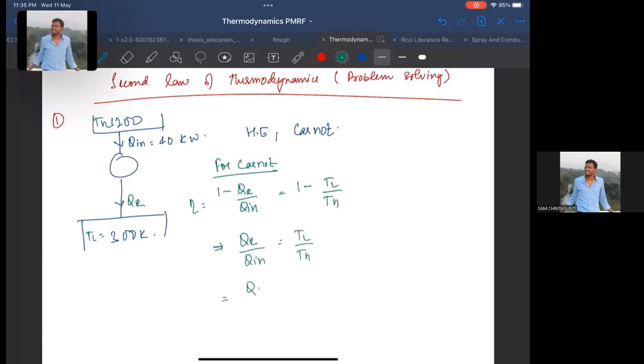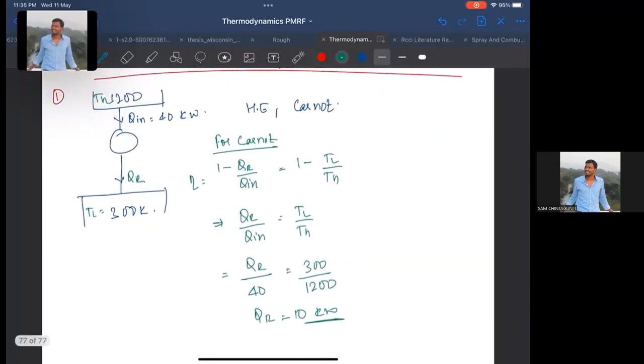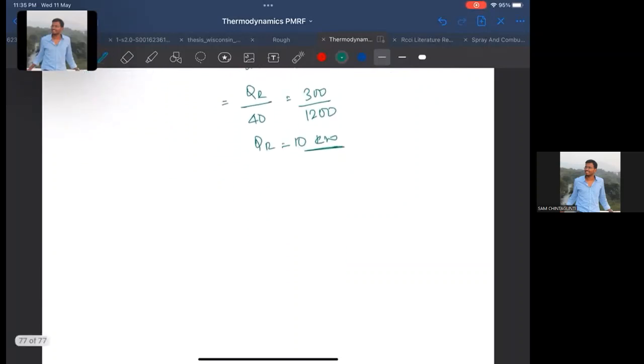So QR is what you want to find, by Qin is 40 is equal to TL is 300 by TH. So that gives QR is equal to 10 kilowatts. So this is a very simple problem. So look at it as if Carnot cycle is given, or reversible cycle also in some cases, you can directly use the temperature limits to find the efficiencies. So let's go to the second question.